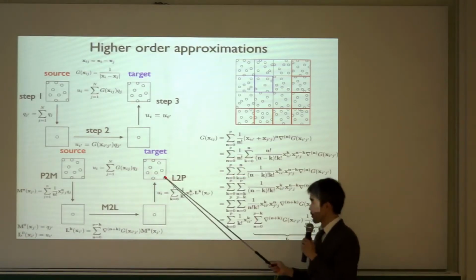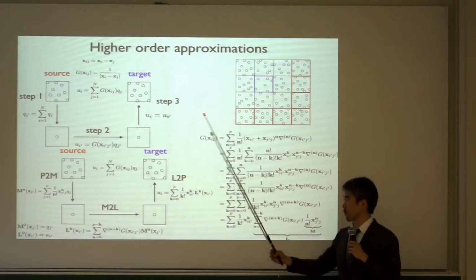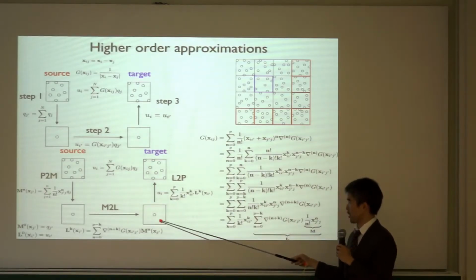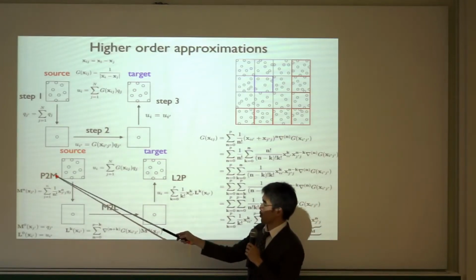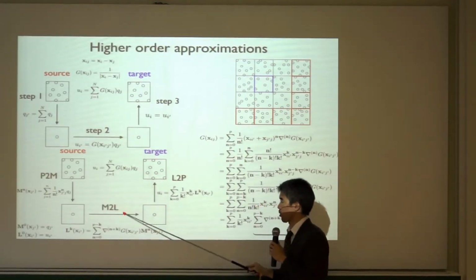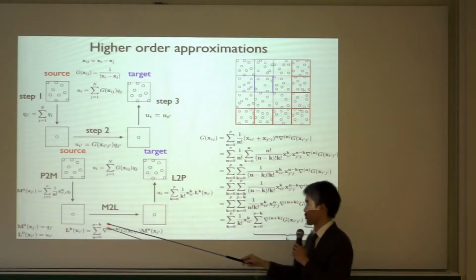So in short, this is just Taylor expansion. So multiple expansion and local expansion in the end. These abbreviations stand for particle to multiple, multiple to local. It's very clear from the naming and the correspondence between what you're doing.